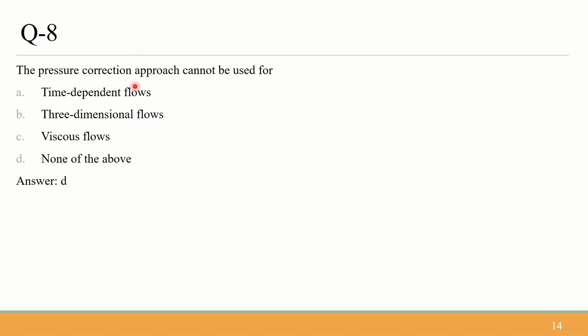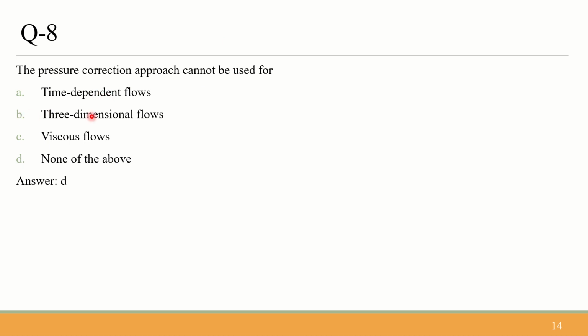It is a very popular technique for incompressible fluid flow domain. It is very useful for transient three-dimensional problems, that is, where the solution is varying with respect to time. Pressure correction approach can be used. However, the question is about cannot be used. So option A is false.